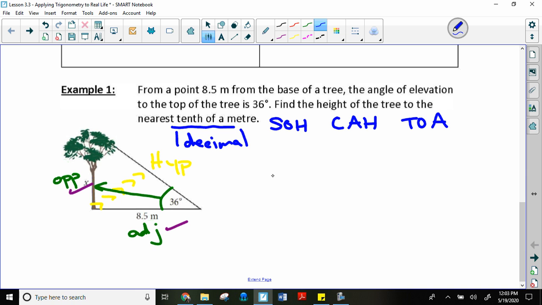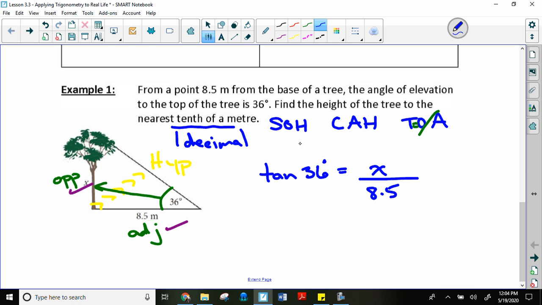So, tan of the angle equals opposite, which is x, over adjacent, which is 8.5. And how did I know that? Tan of the angle is opposite over adjacent.